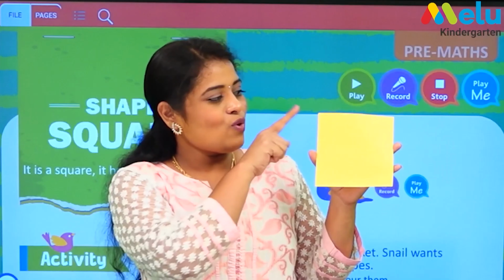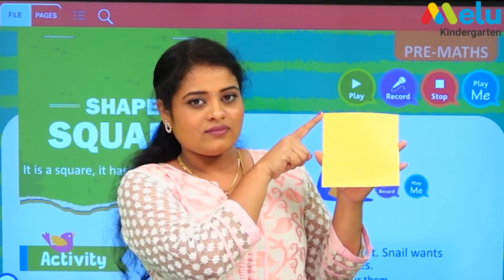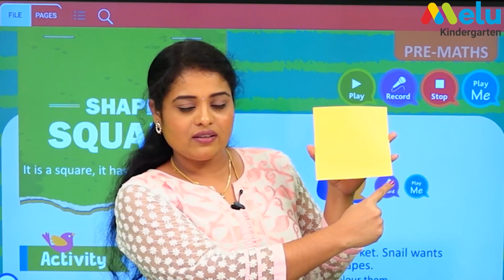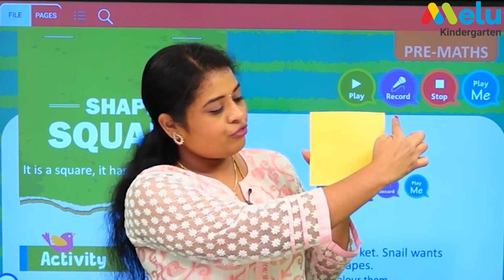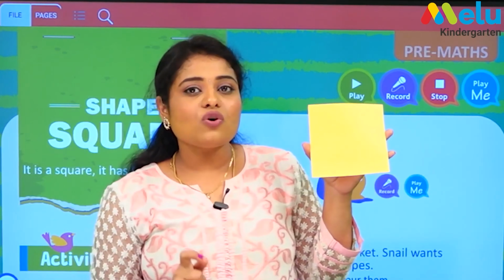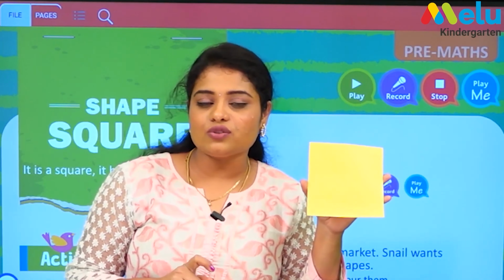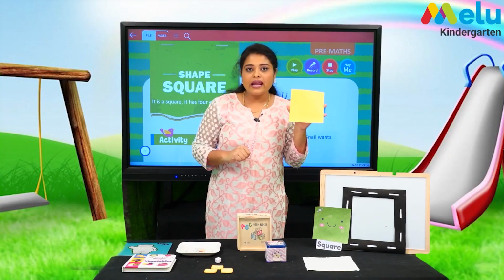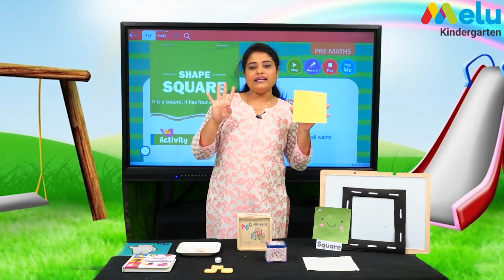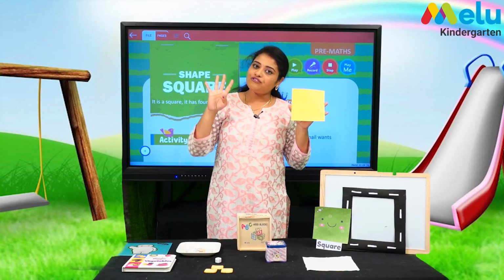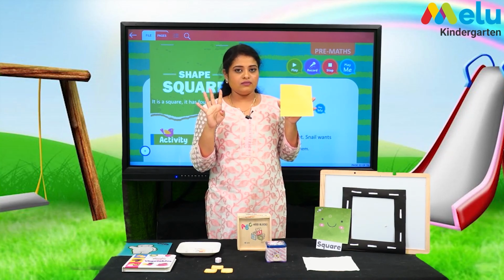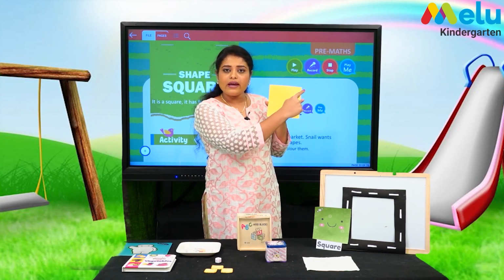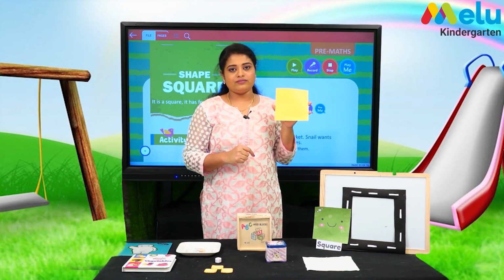Let's count. 1, 2, 3, 4. So, a square has 4 sides and 4 corners. And remember, children, all the sides in a square are equal.